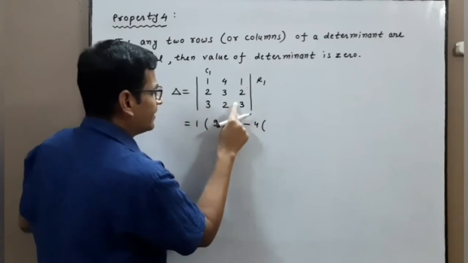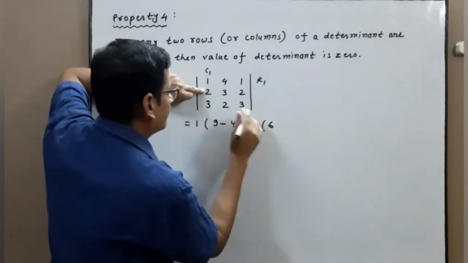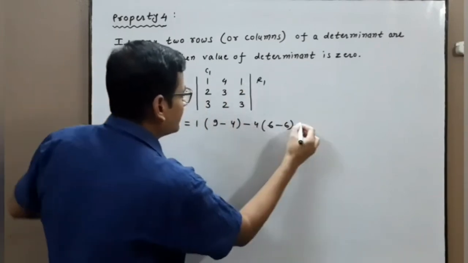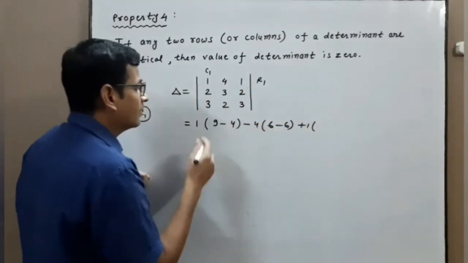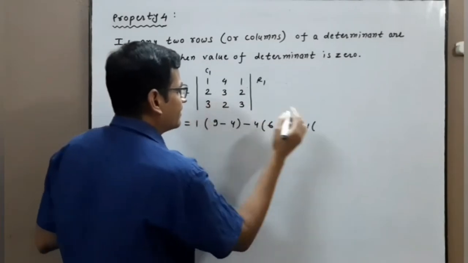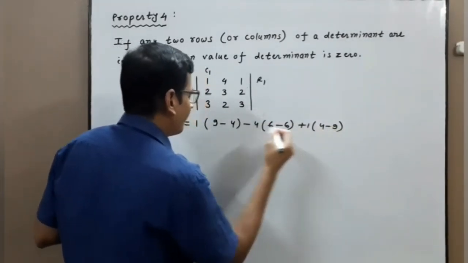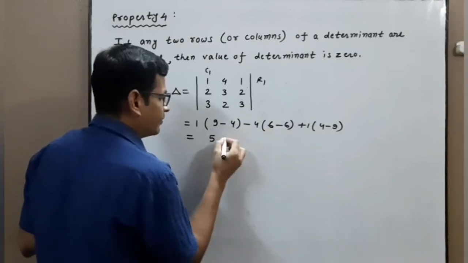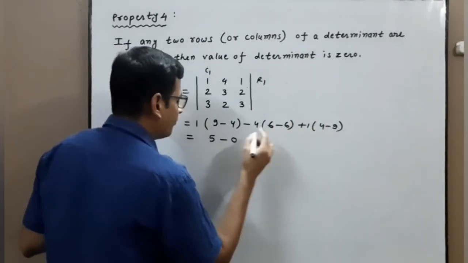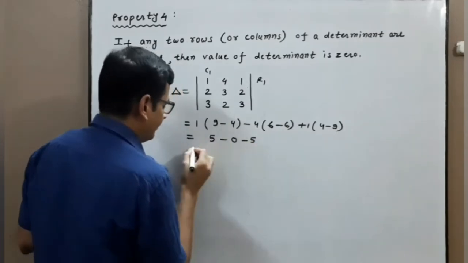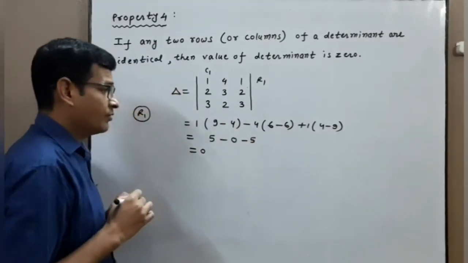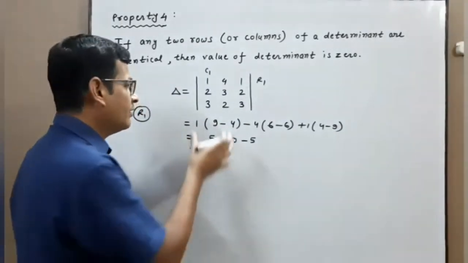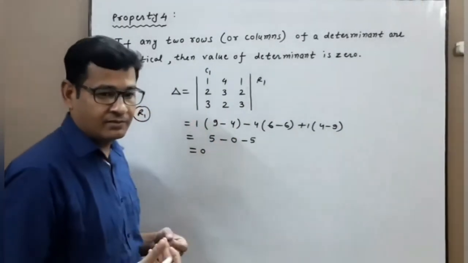So 2 3s are 6, minus 6, plus 1 into 2 2s are 4, minus 9. 9 minus 4, 5; 6 minus 6, 0; 4 minus 9, minus 5. So next time wherever any two rows, any two columns are identical, value of determinant is 0 without any calculation.